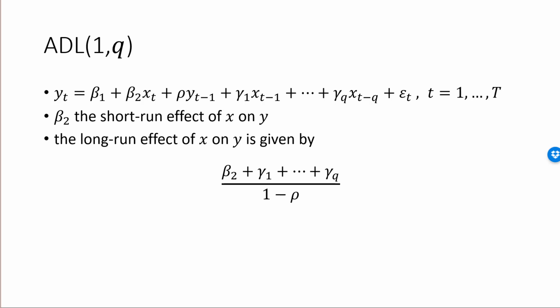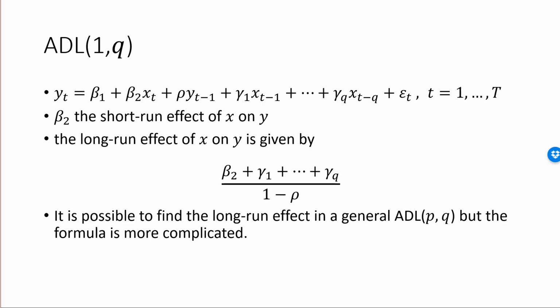You can generalize this further to ADL 2,q and to an arbitrary ADL p,q, but the formula for the long run effect gets more complicated. So I'm just going to state that it's possible, but I'm not going to write the formula in this lecture.